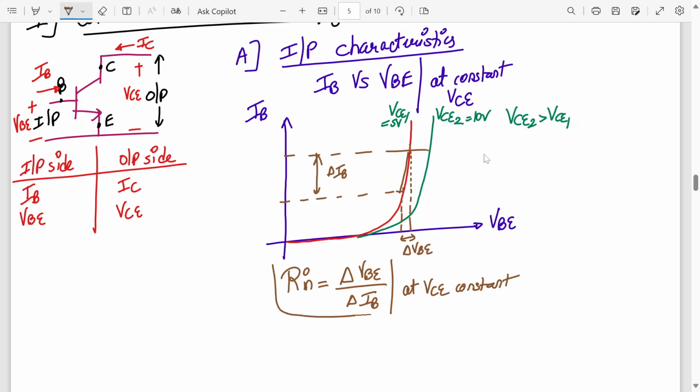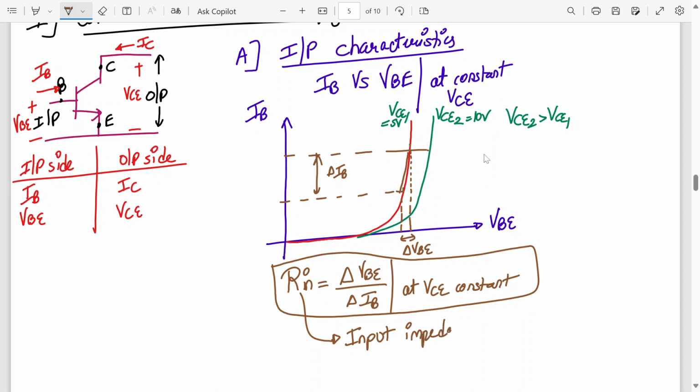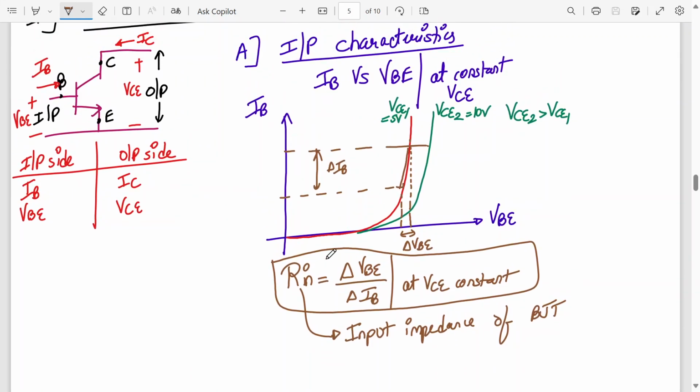So this will give me the information about the input resistance or input impedance of BJT in common emitter mode. Slope will be y2 minus y1 upon x2 minus x1, right? So input characteristics graph will give me the information about input resistance of the BJT. Got it? Can I move on to the next one now?